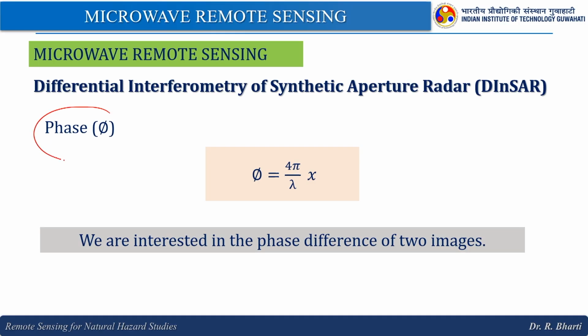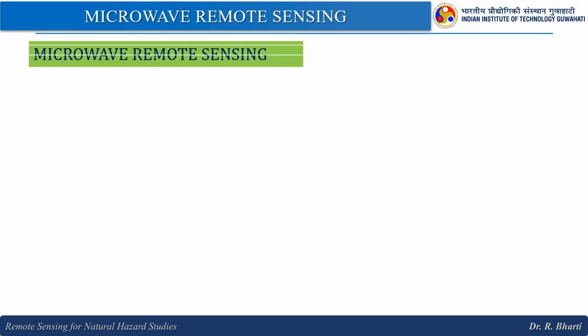So, when we talk about the phase, this is how we calculate it. We are interested in the phase difference of two images, which gives you information about the change in the surface because of the soil.